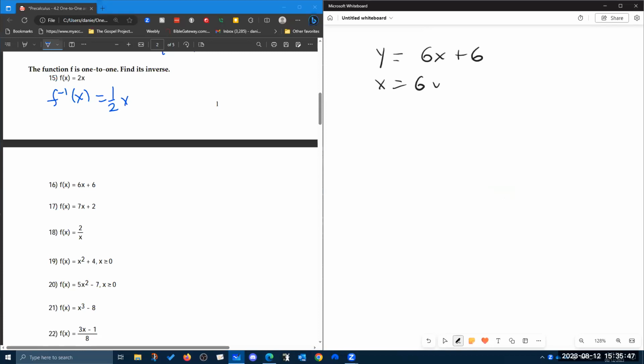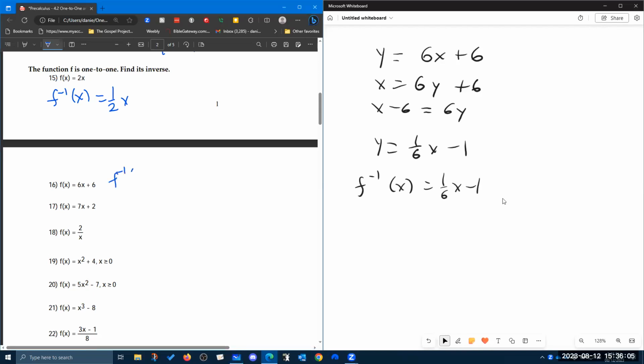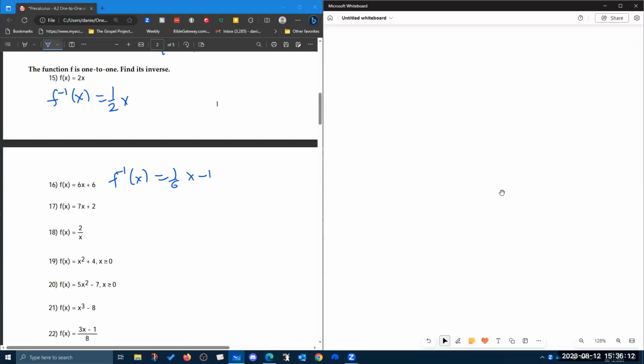Switch x and y. Solve for the new y. Like so. And that's our inverse function. Next, f of x is equal to 7x plus 2.